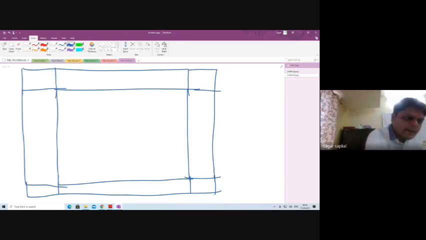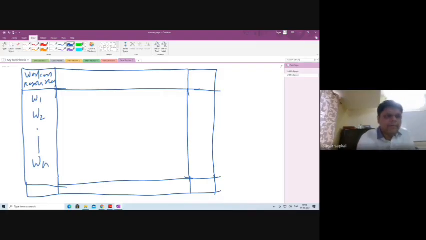Okay, here workers or resources, they are nothing but the resources. Say W1, W2, and so on up to Wn.